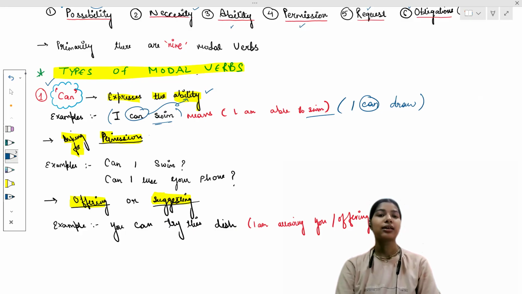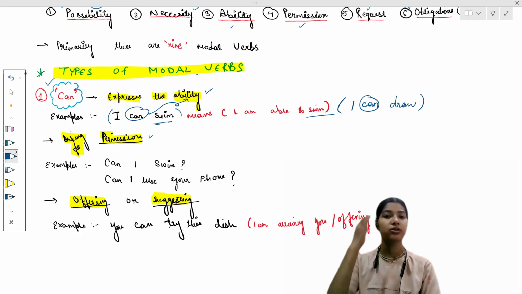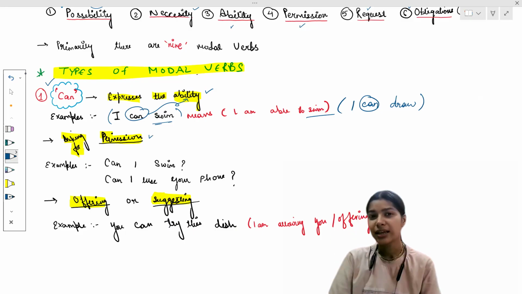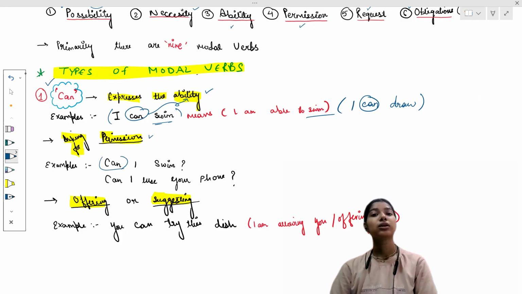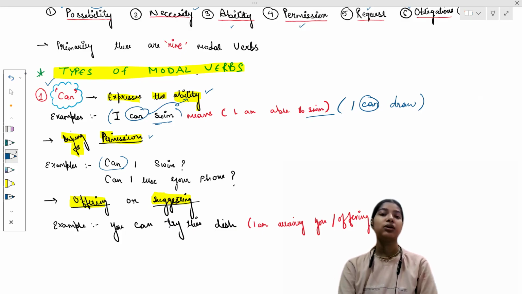Now, next is asking for permission. Just like I said here, I can swim, but right now I am asking permission with the same modal: can I swim? So, using different expressions, the sentences and the use of modals change. Previously we were showing the ability, I am able to swim, I can swim.